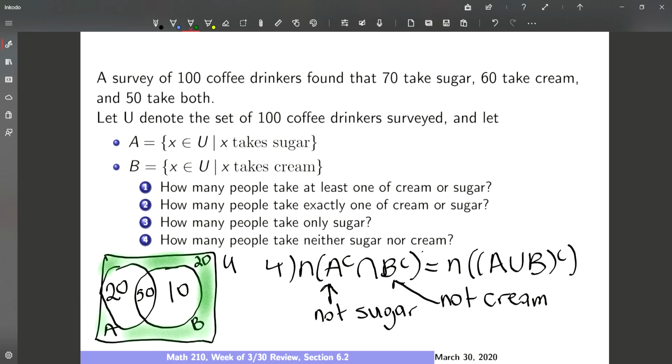Then you count the number of elements there. There are 20 of them. It's those 20 people who didn't choose one of the two options. So the number of people who do not take sugar or cream is equal to 20.